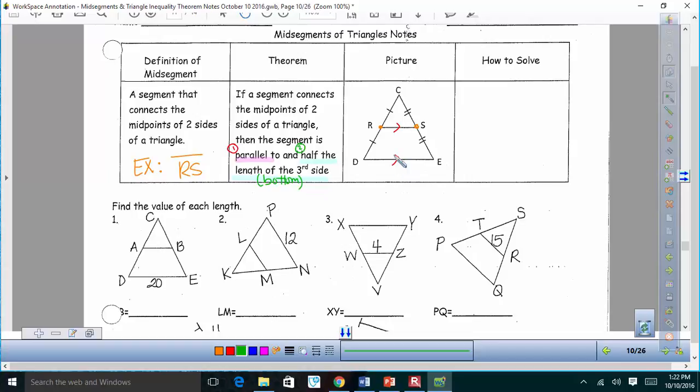So what it's telling me is that RS is half of DE, so I can write it as RS equals half of DE, or I could say 2 times RS equals DE.